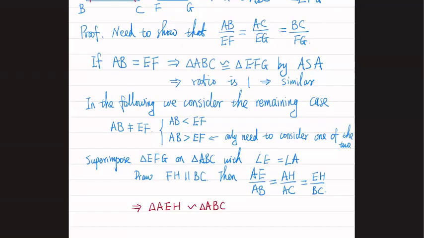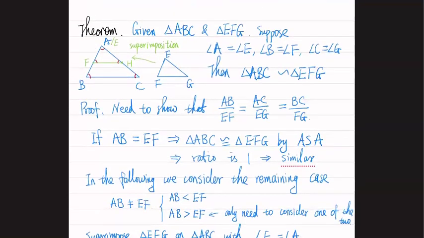Okay, a big step. With this, next we check these two triangles, AFH and EFG. I claim they are congruent.